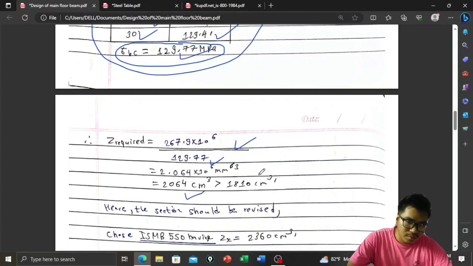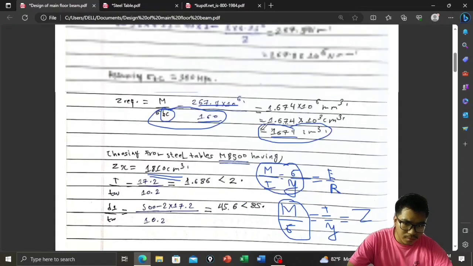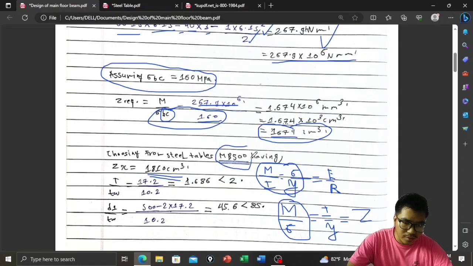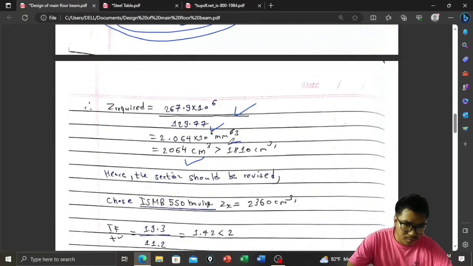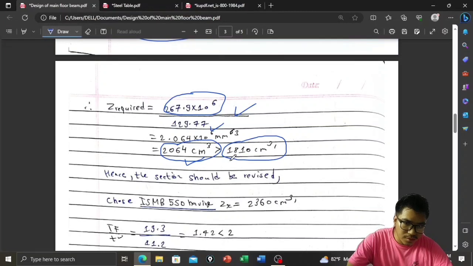I repeat, by that I section of ISMB 500, it can resist up to this 1810, but the Z required for this moment is 2064, which is greater than this, so the section should be revised with a Z value more than 1810.